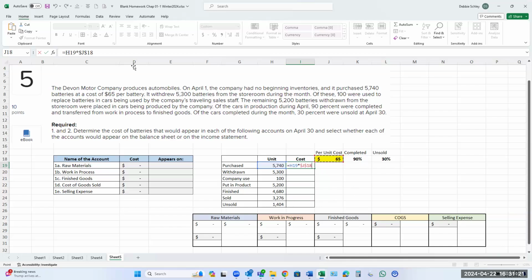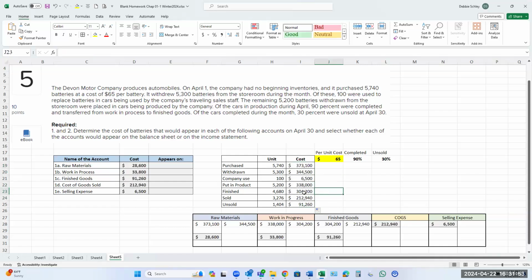You can push F4 on a regular computer, or you can physically put in dollar signs in front of the column and the row markers, and that will keep that cell anchored. Okay, so now there's my formula. There's this little green box in the corner, and when I hover my cursor over it, it turns into a smaller plus sign. I can left click and drag that formula down, and it multiplies. See how the blue box moved and the red box stayed the same because I anchored it. So now I have all of my costs.